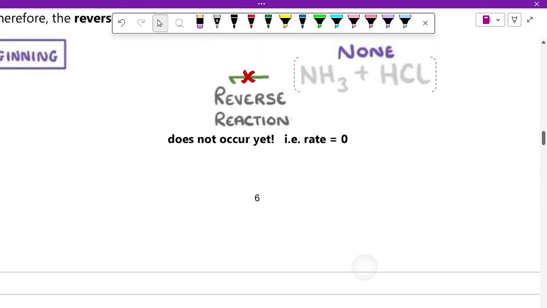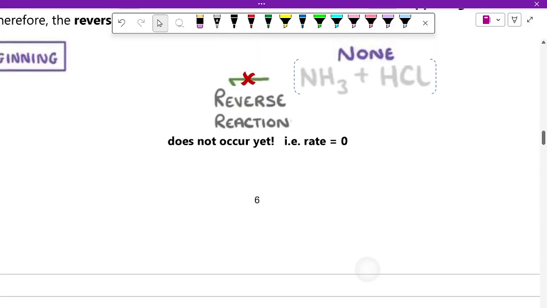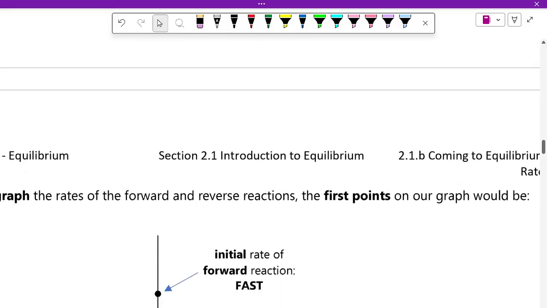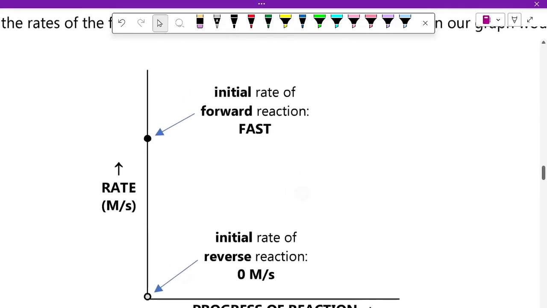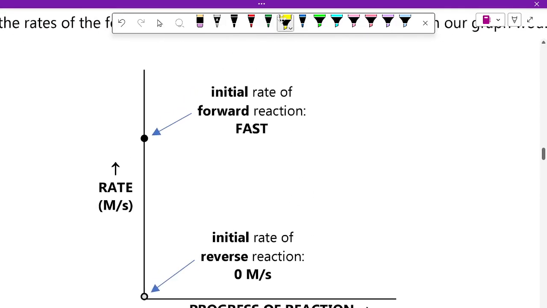So we're going to plot the first point on this graph and then we're going to be done for today. If we are graphing on our y-axis the rate, just like we did in Unit 1, do you remember that? Rate went on the y-axis. And this goes on the x-axis.